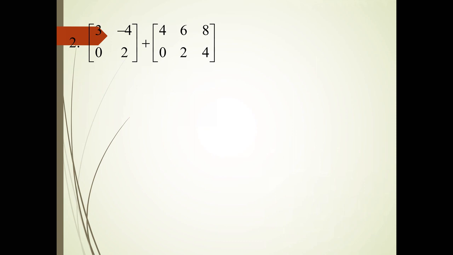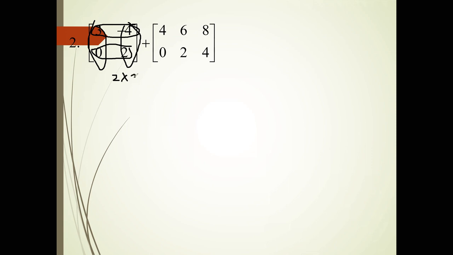Let's first check to ensure that the order of the matrices are the same. Now, if we look carefully at our first matrix, we would realize that we have two rows, and two columns. So this would be a 2 by 2 matrix.